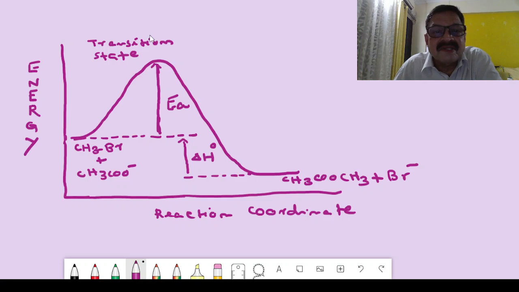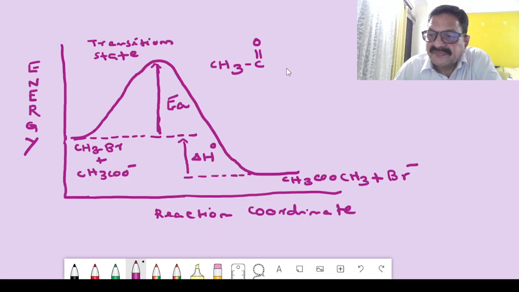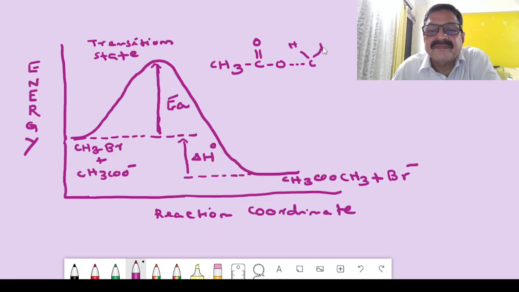So how will you represent the transition state here? The transition state will be CH3, then we can say C, O, then we have oxygen here, then partially this bond is formed. We can draw hydrogen, CH3. Then we have bromine.